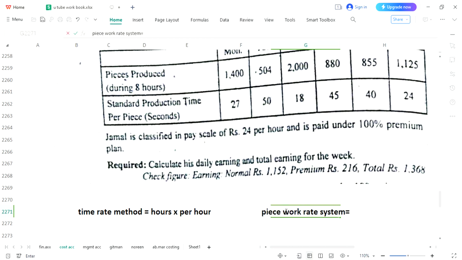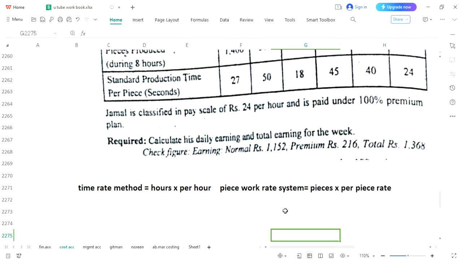Under this, you see how many pieces a worker had made and multiply it with the per piece rate, and that's all. So these are two methods, and in any question we will be directly or indirectly involved with these.